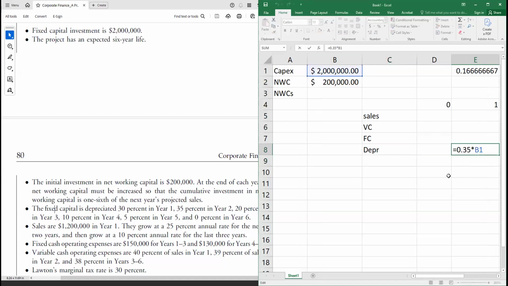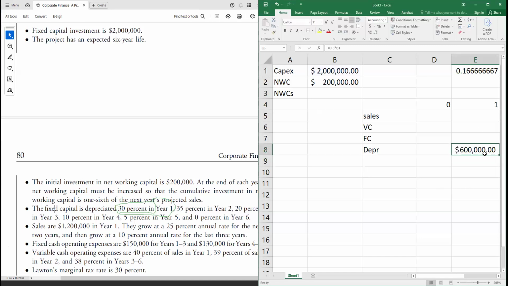Sorry? It's 35%. I get it from here. Like, it's 30%, yeah? Yeah, it's 30% here. It's 30% in year 1. So I have to correct it. So I'll correct it. Basically, this is 30%.